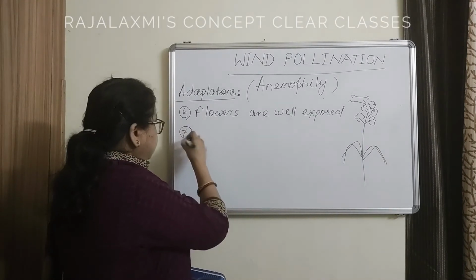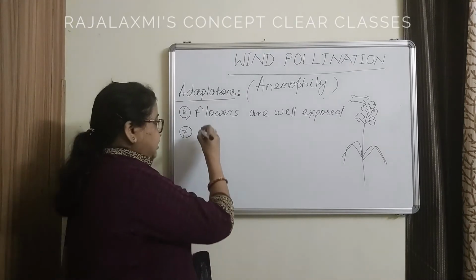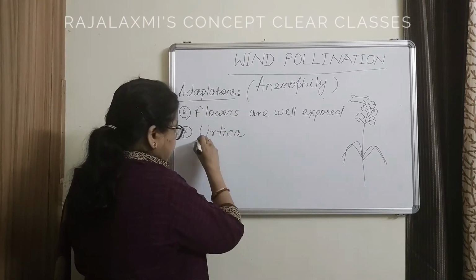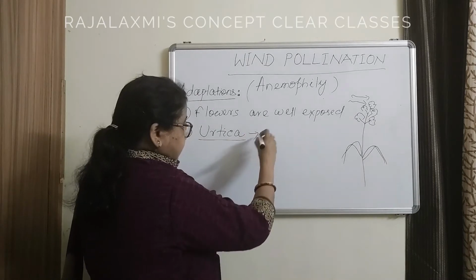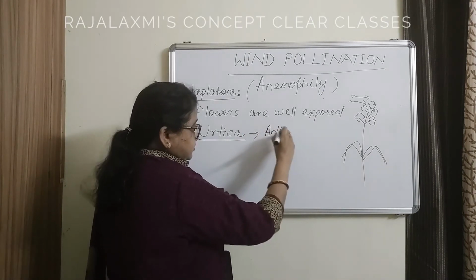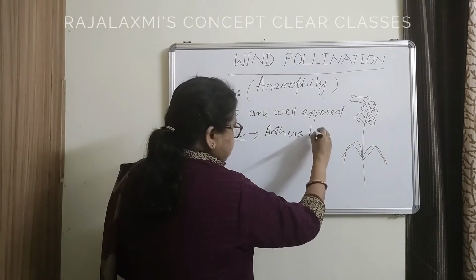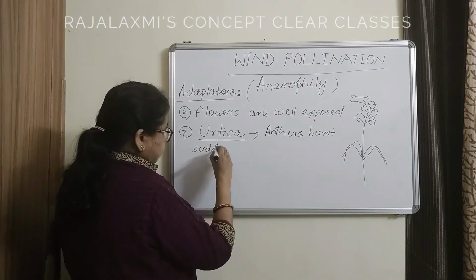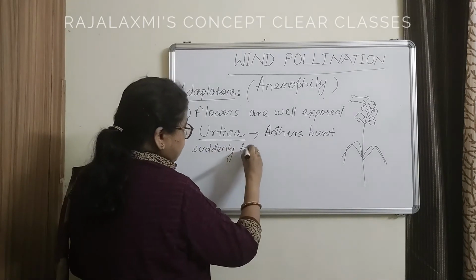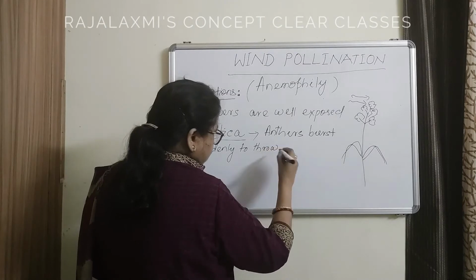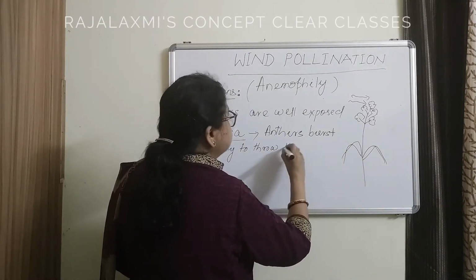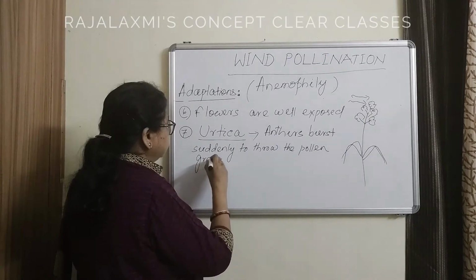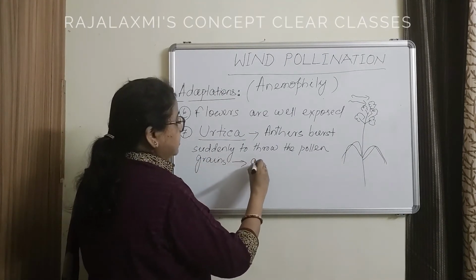Then another adaptation is that in some plants like Urtica, the anthers burst suddenly to throw the pollen grains into the air.